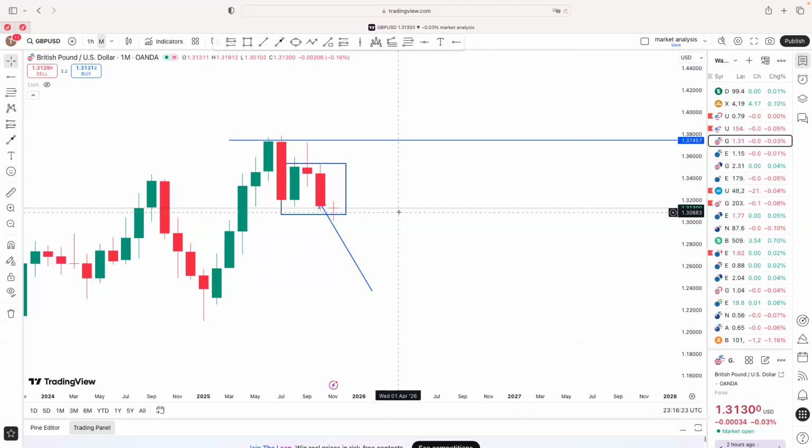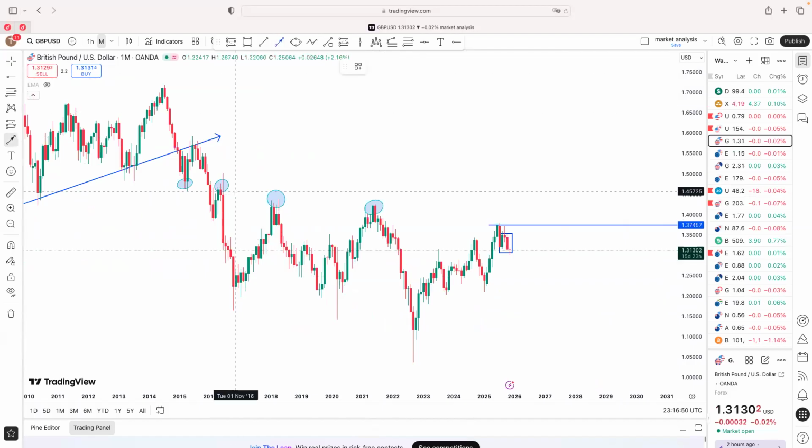Now, what is the formation of the evening star? It's also a reversal. So we've got two types of candlestick patterns which speak the very same language at an area of interest.